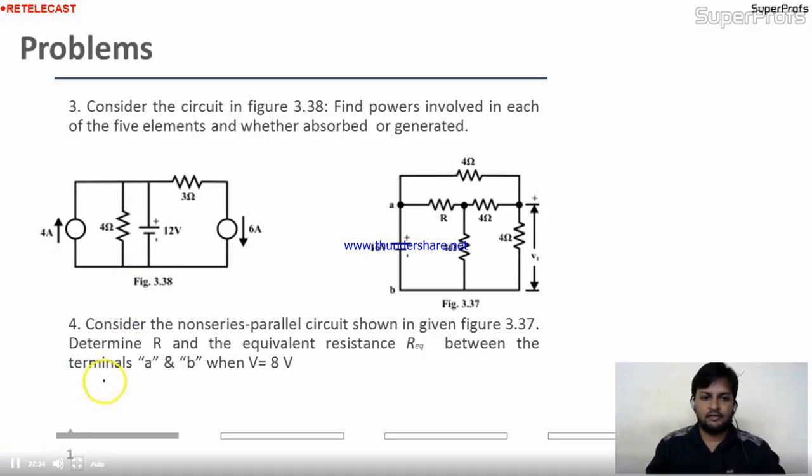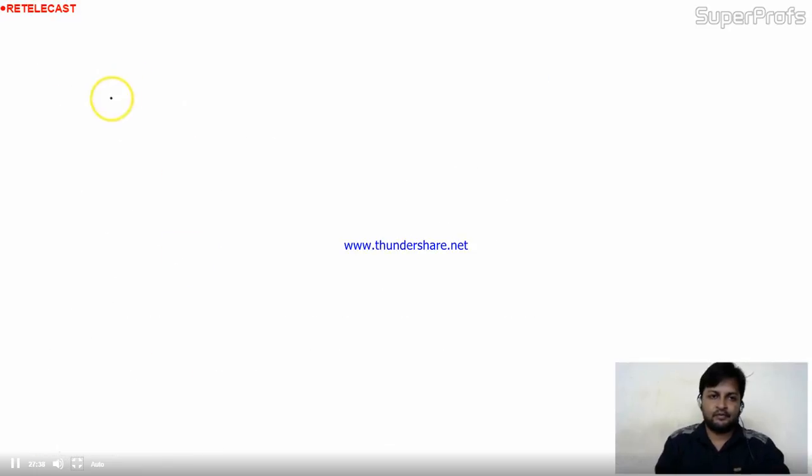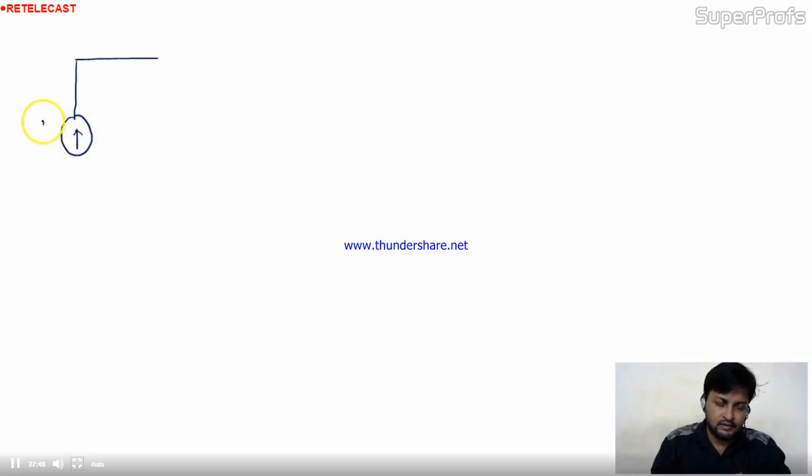Again I'm taking this circuit on a fresh page. This is the 4 ampere source, connected in parallel with a 4 ohm resistance.